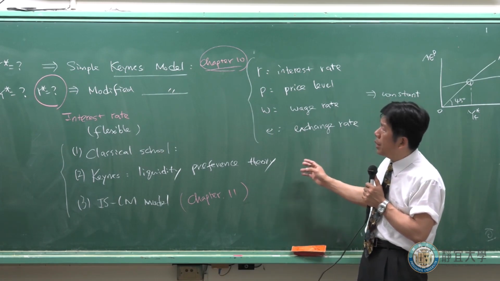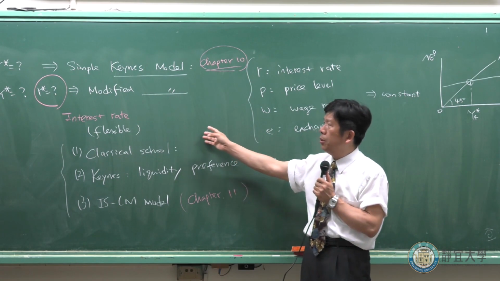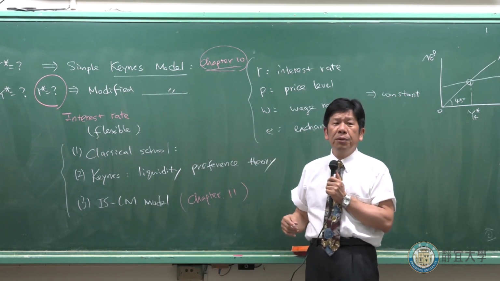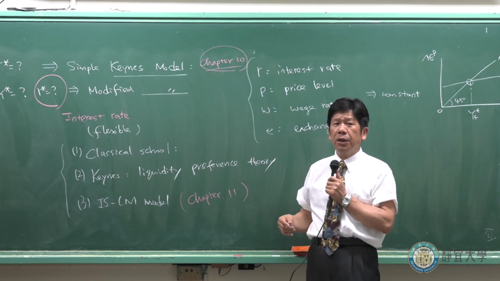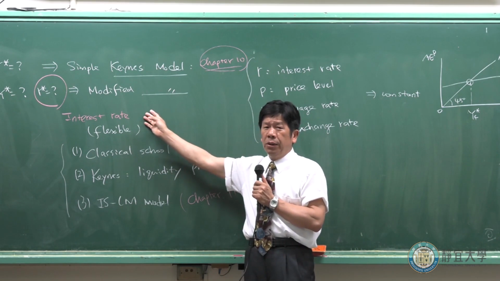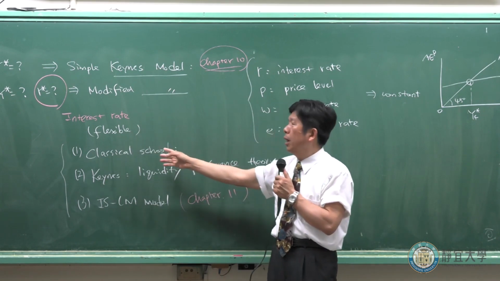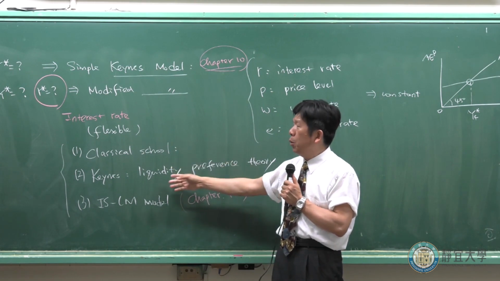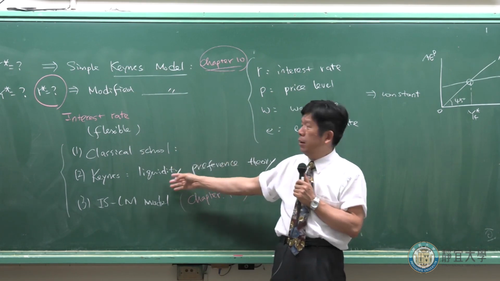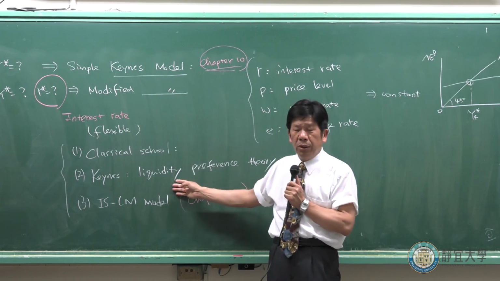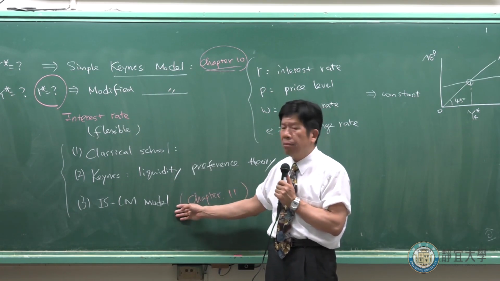And now today we want to tell the story about equilibrium income and equilibrium interest rate, in particular the interest rate. So when we mention this topic, we need to know the difference between the classical school, the Keynes school, and the IS-LM model.